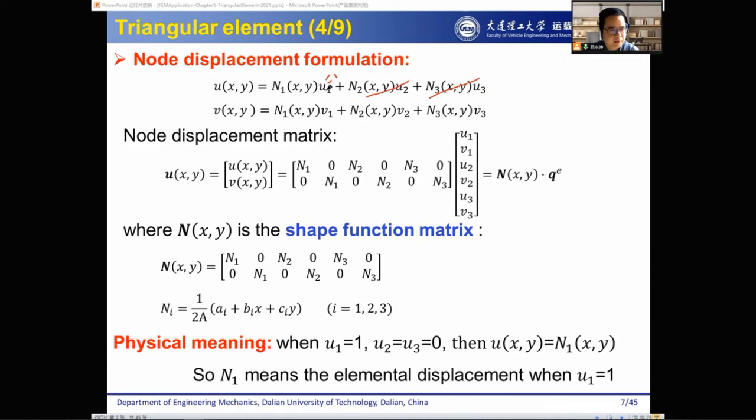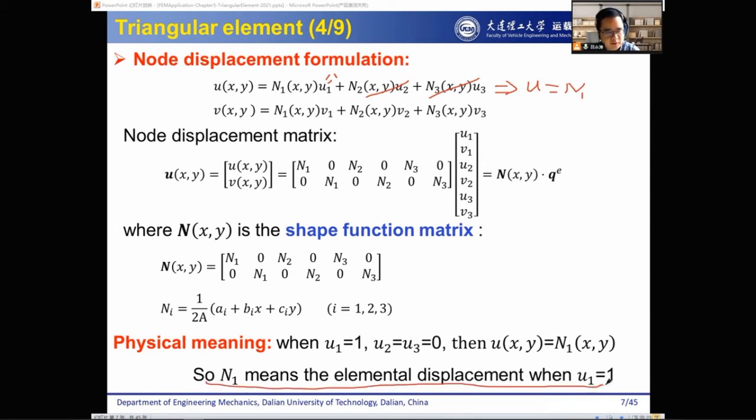If u1 equals 1 and the other two displacements equal 0, then we get u equals N1. So we translate this into language: N1 means the element displacement when u1 equals 1. So this is the physical meaning.